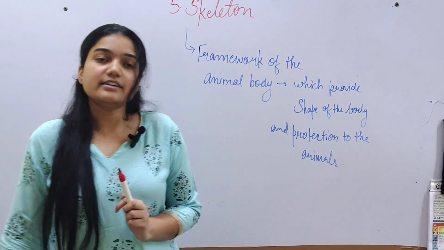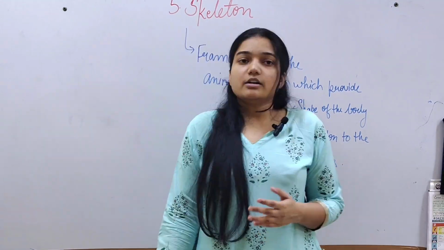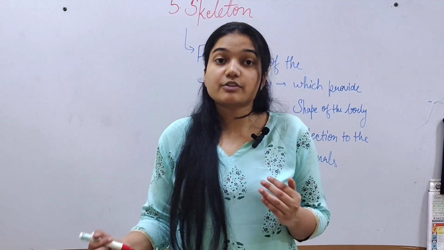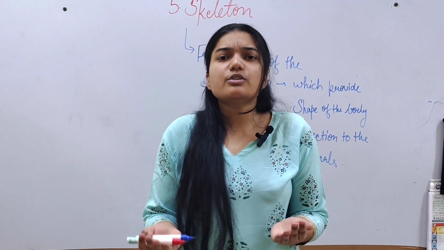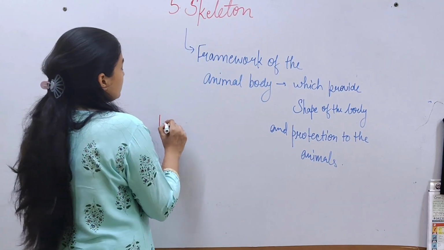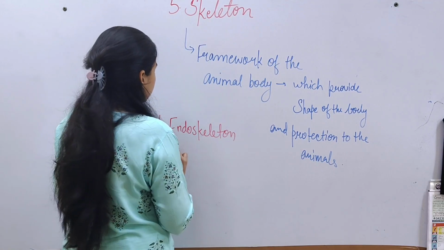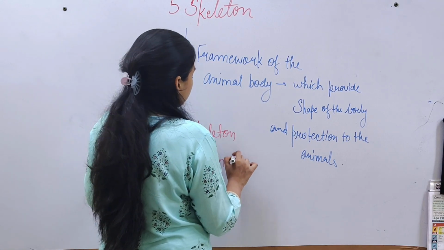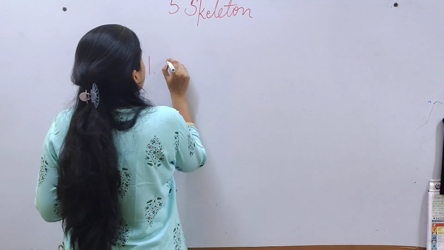The skeleton is categorized into two types on the basis of position. The first is the endoskeleton, found inside the animal body, and the second is the exoskeleton, found outside of the animal body.